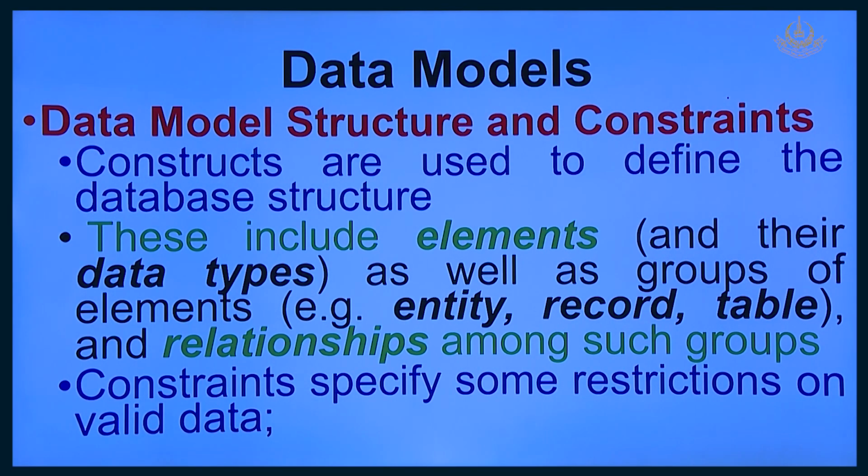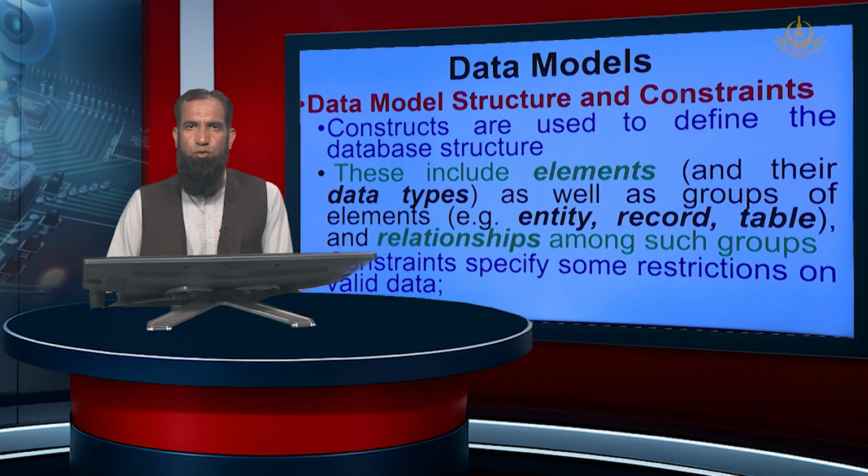Now let's discuss data model structure and constraints. A data model uses constructs to define how the database is structured. These constructs describe both the individual elements and the groups of elements. For example, an element could be a single attribute such as student name, age, grade, and it will have a specific data type like text or integer.